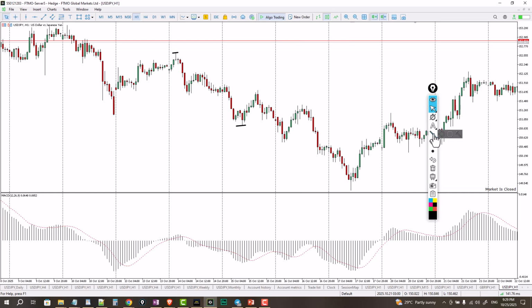Now, can you see exactly what I was telling you about oscillators? You can see that when price was showing that the momentum is to the downside on this histogram, it showed you that price is actually moving to the downside. But when you compare this move to this move on the histogram, you can see that this one is much lower than this one.